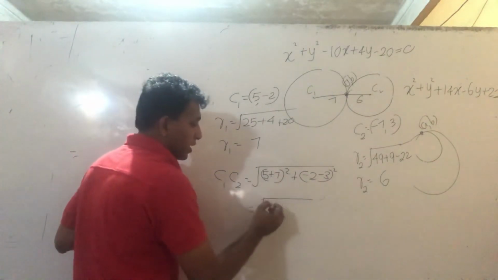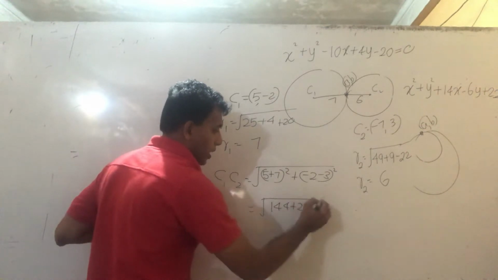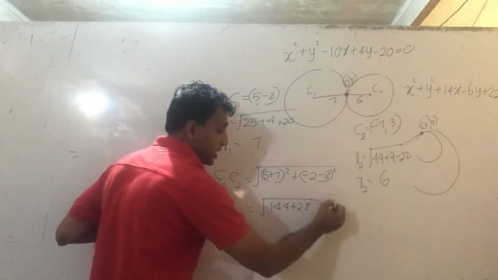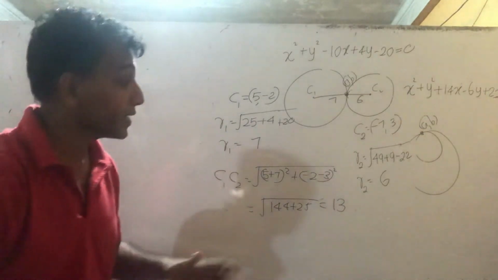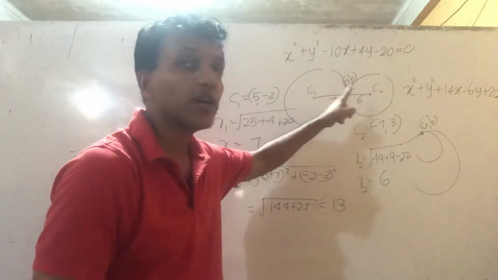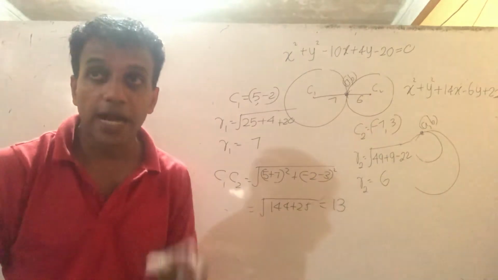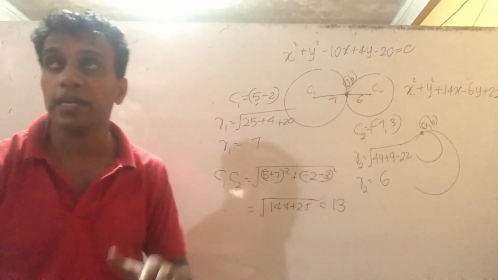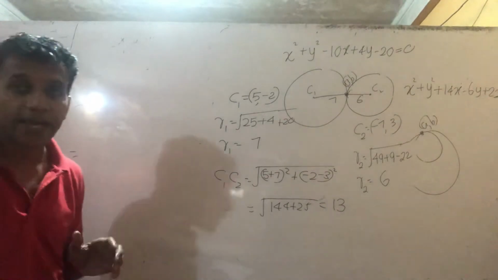So you get 144 plus 25, 169, so 13. The distance between the centers is also 13, which is equal to the sum of the radii. Therefore, the given circles touch externally.